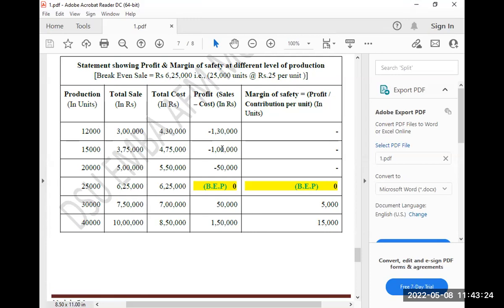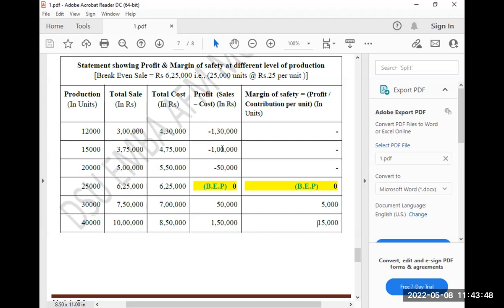Next line, minus variable cost. Now variable cost at the rate of how much? 15. 15 into 12,000, 15,000 into 15 rupees. Calculate for all the levels of production.